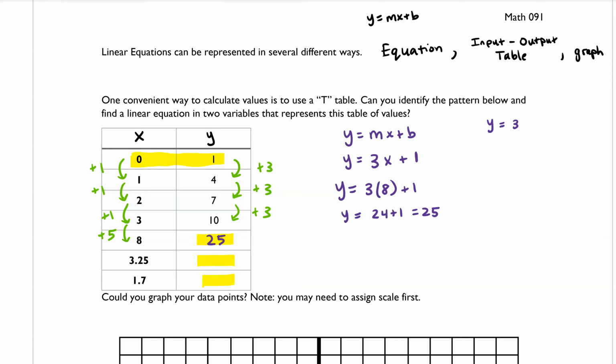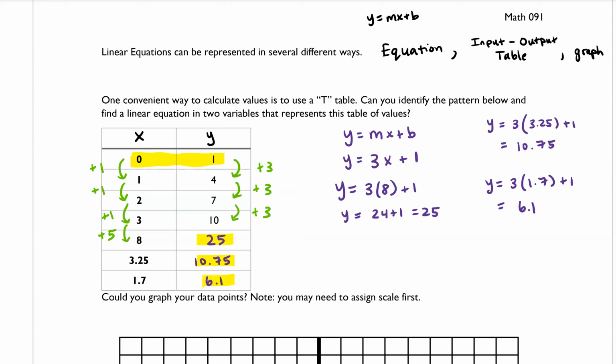So 3 times 3.25 plus 1. If I throw in 3 times 3.25 into my calculator and then add 1 to it, that gives me 10.75. And then last one, I'm going to evaluate our equation when x equals 1.7. So that is going to be 6.1.